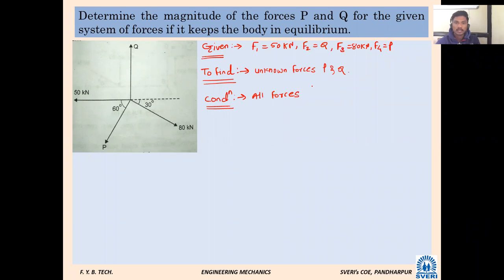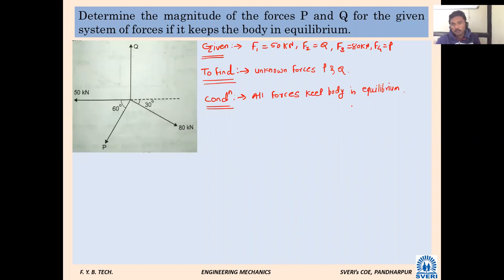Or more precisely, I will write: all forces keep body in equilibrium. हे सगळे force irrespective of acting of these forces, this body is in equilibrium.